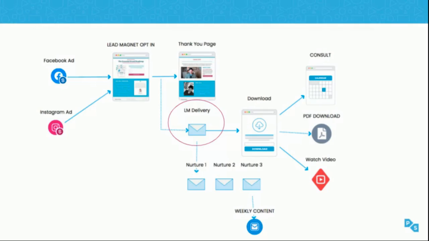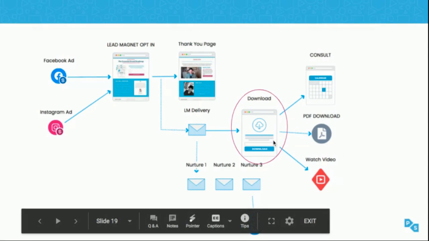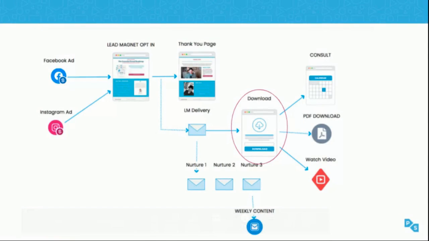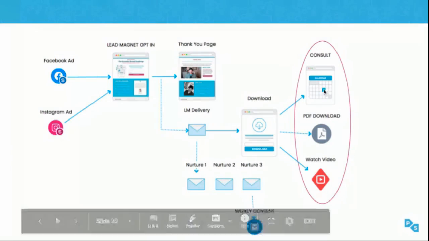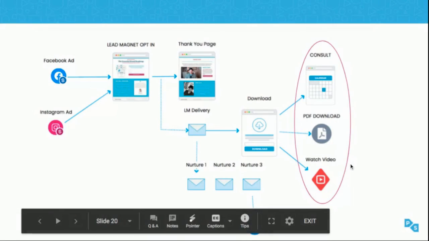That link in the delivery email is going to be this quote unquote secret link to your lead magnet, which lives on a drive, whether it's Google Drive, Dropbox, or Amazon S3, or it could even be housed in your system, depending on what system you have. This all happens automatically because you set it up that way. They'll get that email, click on the link to grab the download, and it'll send them to a download page, or directly to that PDF, video, audio, or whatever it is. It could be a consultation, a PDF download, a video, or a course.